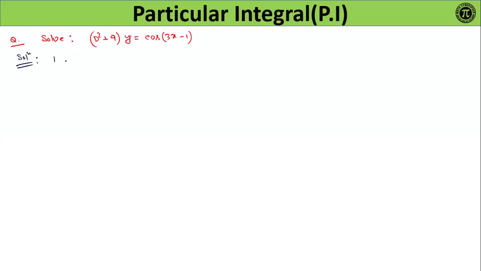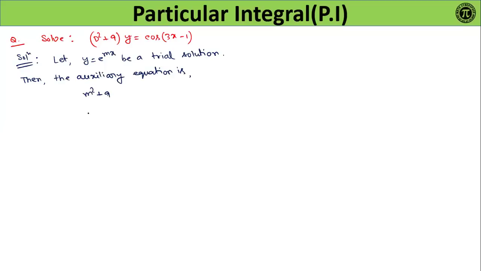So let y equals e to the power mx be a trial solution. Then the auxiliary equation is m square plus 9 equals 0.